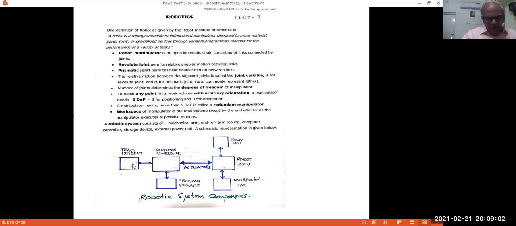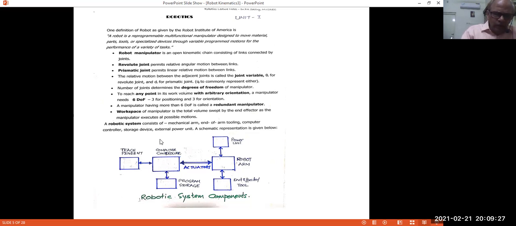But for continuous path control, like spray painting, probably an expert will run the end point, the gripper, through the various motions. And in the trajectory or the path, the times, the positions, and therefore the velocities of the joints are all recorded.